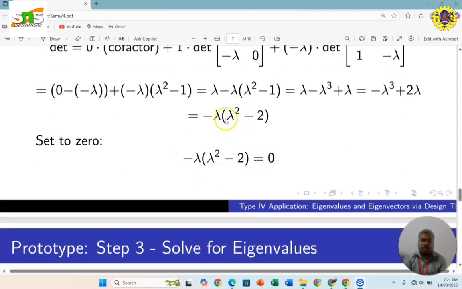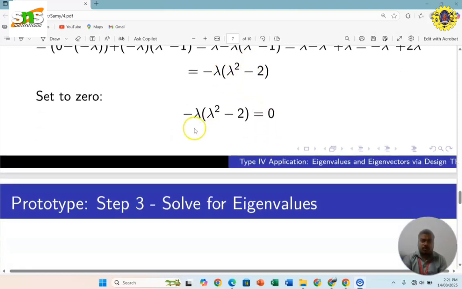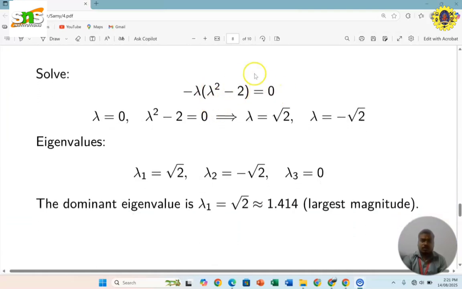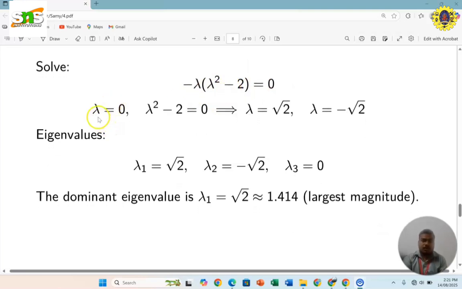Set this equal to 0, so minus lambda times lambda squared minus 2 equal to 0. Solving, we get lambda equal to 0, lambda equal to root 2, and lambda equal to minus root 2.